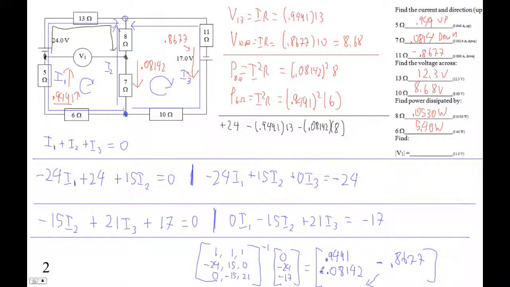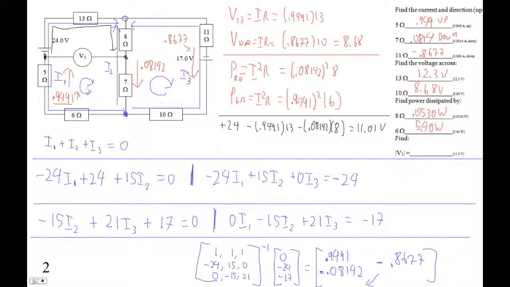We know it really goes down because it was negative, and it's times 8. So there we go, let's just try this. 24 minus 0.9491 times 13, minus 0.08142 times 8. 11.01.